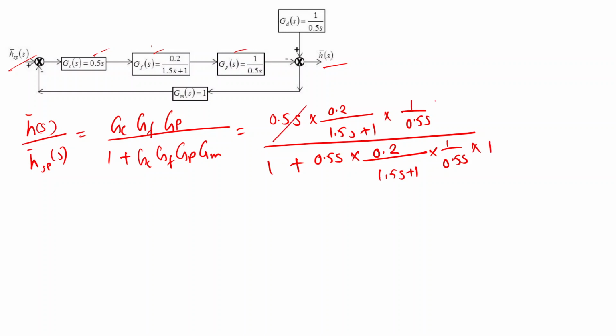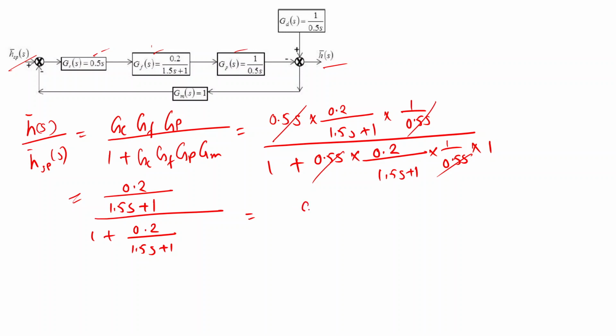So you can cancel this term and then we can simplify this as 0.2 upon 1.5s plus 1, upon 1 plus 0.2 upon 1.5s plus 1. So this will become 1.5s plus 1 plus 0.2, and the denominators of both these terms will get cancelled out.